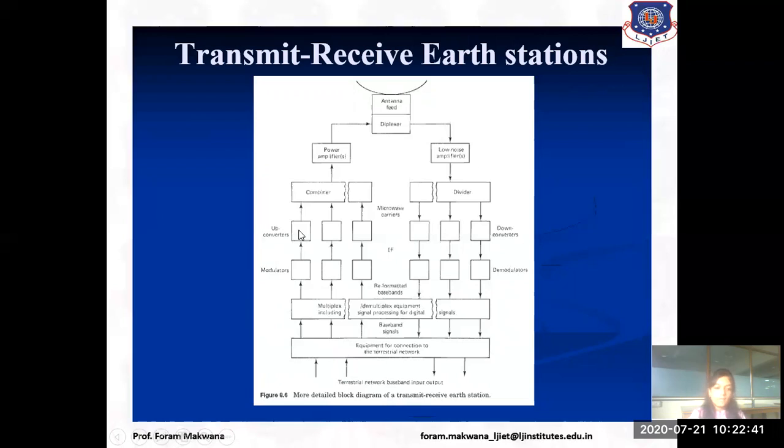Again, the frequency is going to be up converted, or increased, with the help of the up converter, and the different channels are selected and combined with the help of the combiner. As the signal travels a longer distance, it is going to be attenuated. That's why we transmit the signal in an amplified version with the help of the power amplifier.